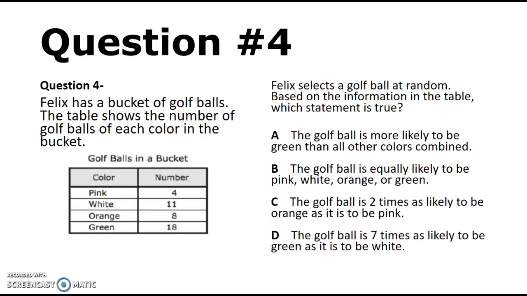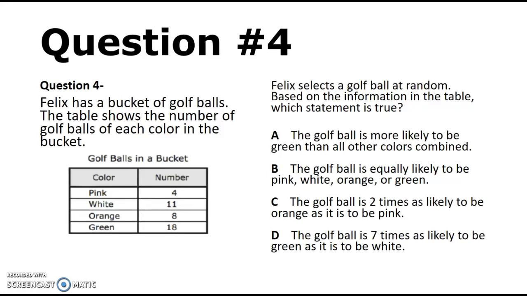Question number 4. Felix has a bucket of golf balls. The table shows the number of golf balls of each color in the bucket. Felix selects a golf ball at random. Based on the information in the table, which statement is true? A. The golf ball is more likely to be green than all other colors combined.